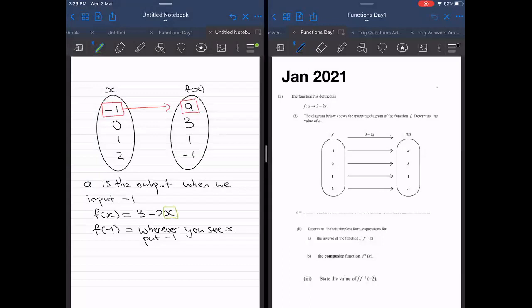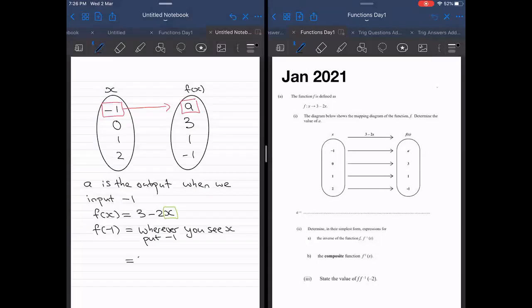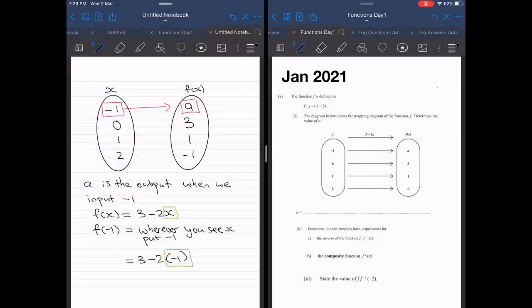All right, so where I see the x, I am going to put -1. I'm going to go through something in terms of a little foundation skill that might give some persons a little problem. So I'll go through and then I'll come back for those persons.